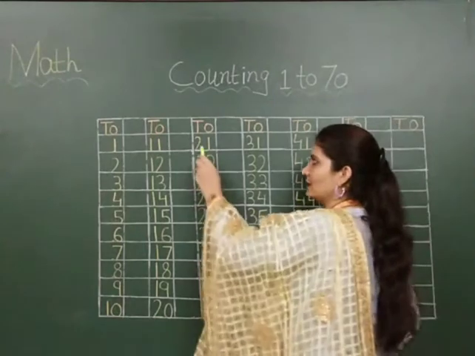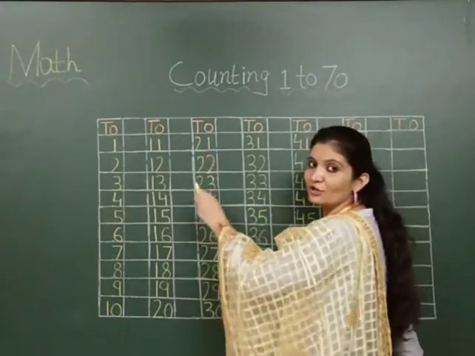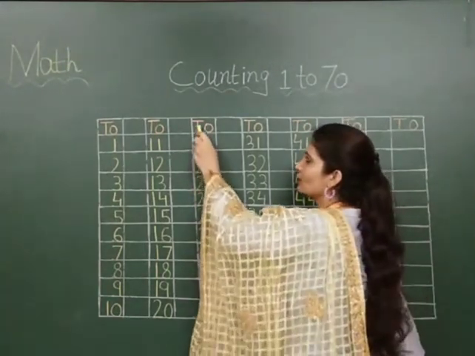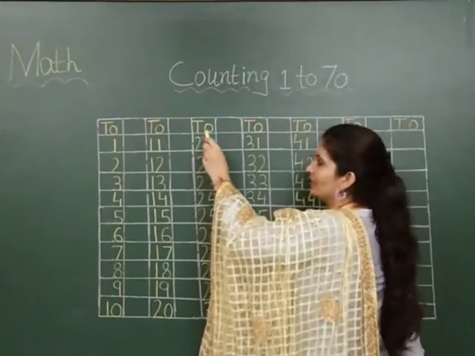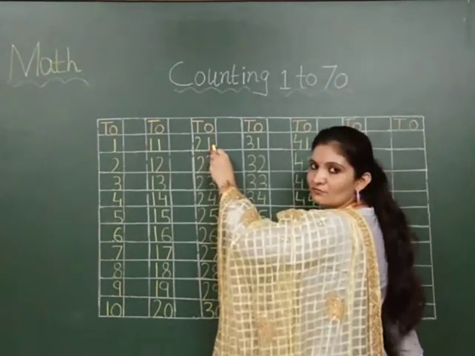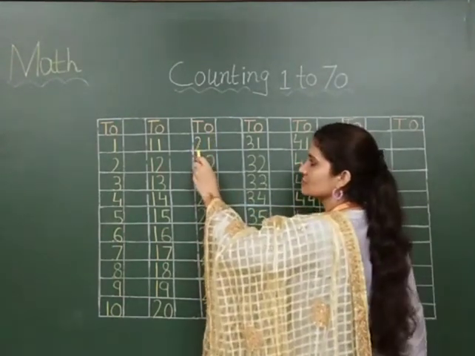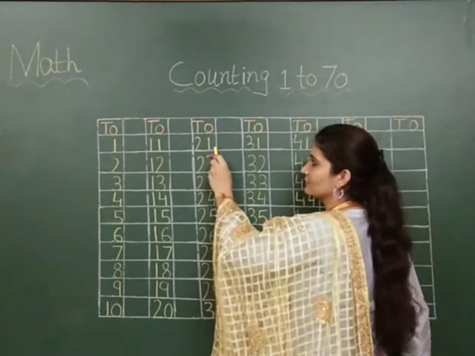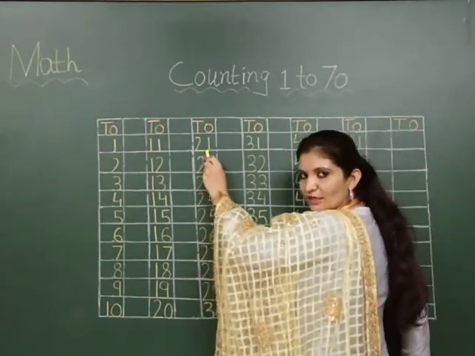After 20 which number comes? Then you will start the line of 2. You have to write 2 below T and 1 below ones. This is 2 and 1, 21.